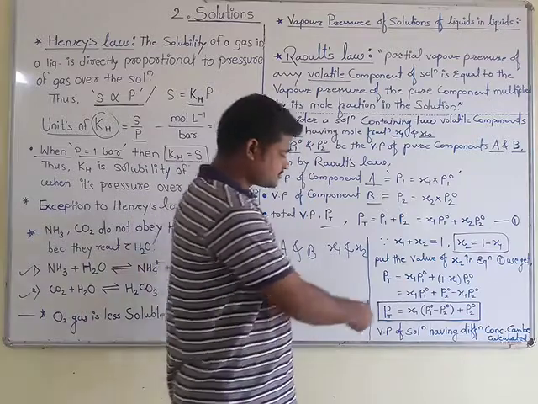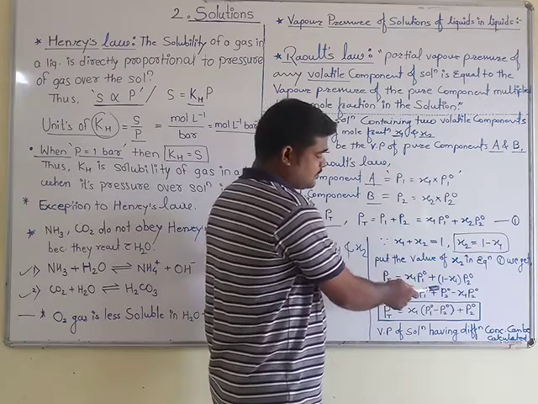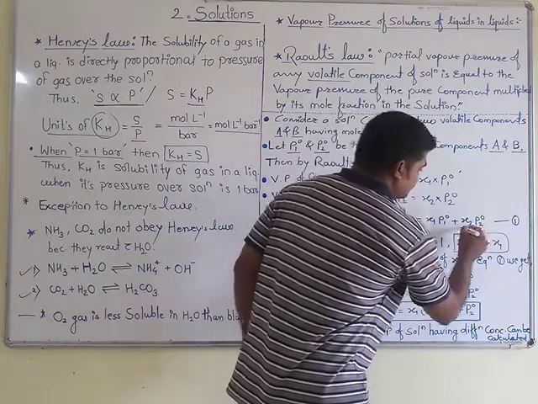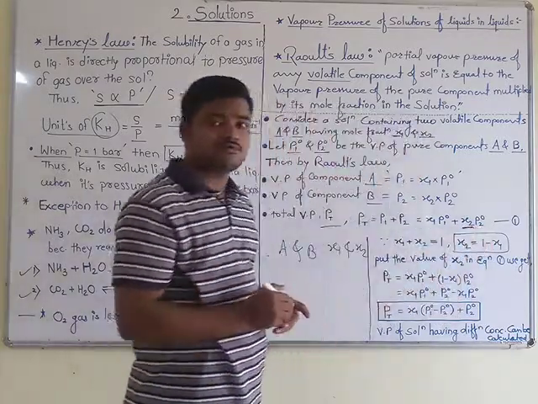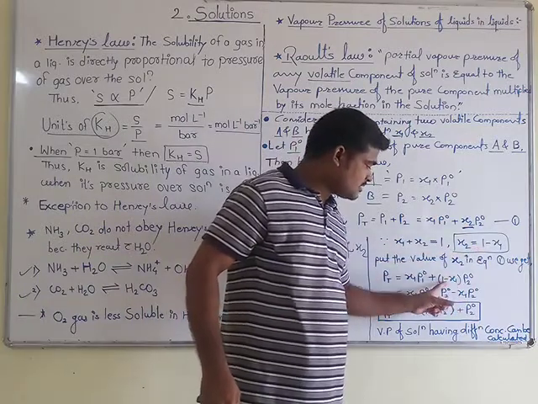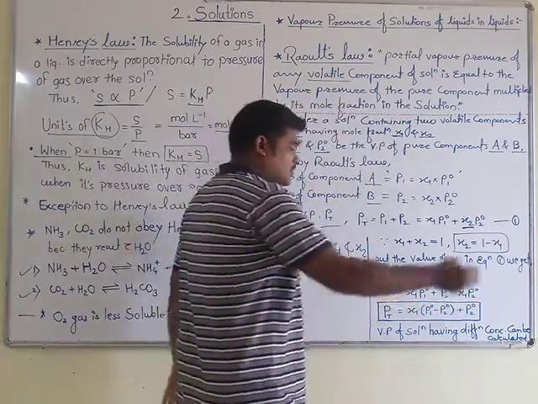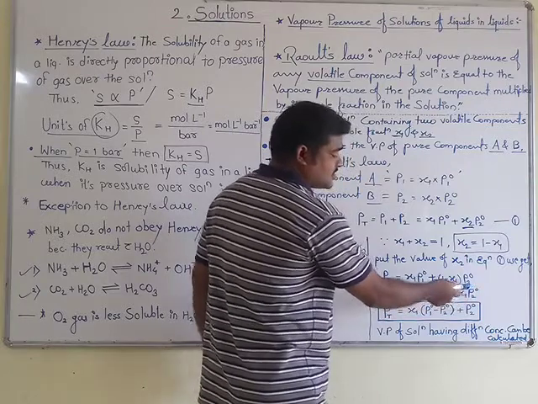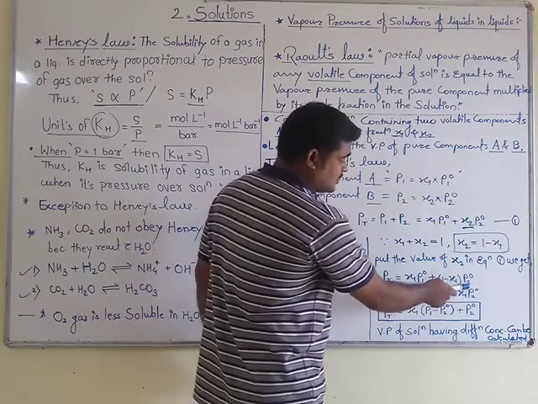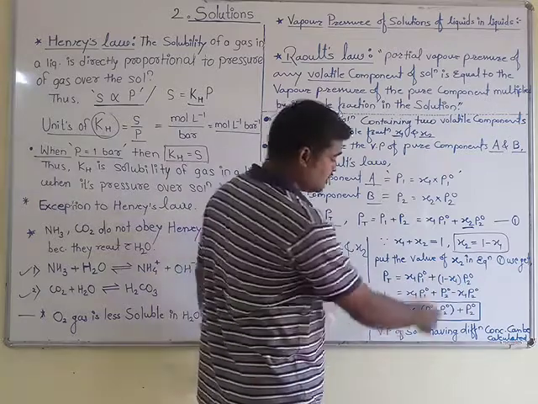We get PT, the total vapor pressure, is equal to X1 P10, which we keep as it is, plus, in place of X2, we substitute this value. Then the equation becomes 1 minus X1 in the bracket, multiplied by P20. Now multiply P20 inside the bracket and you will get this equation.